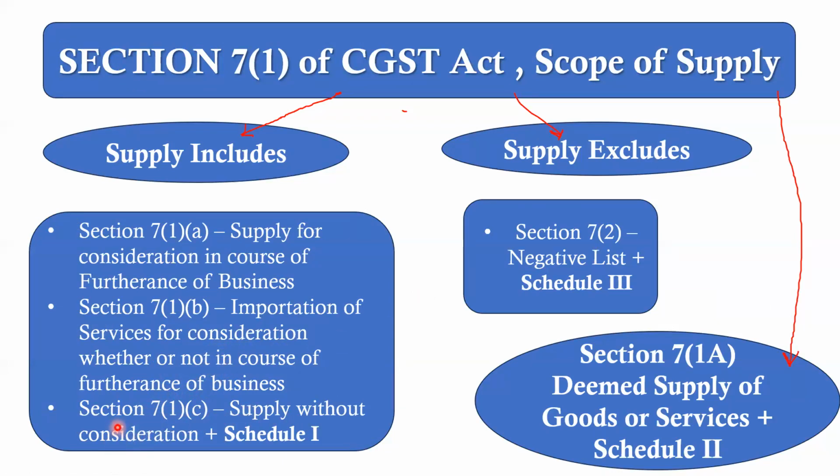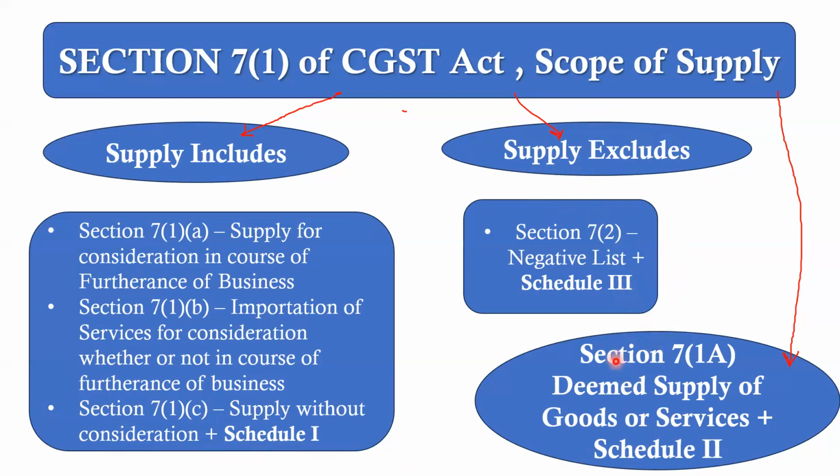You have to read this along with Schedule 1. What does your supply exclude? It is going to exclude what is covered under Section 7 subsection 2. It is the negative list, which is covered under Schedule 3, so you have to read it along with Schedule 3.